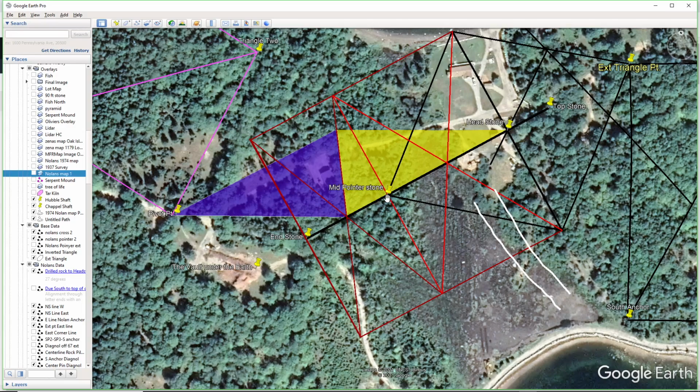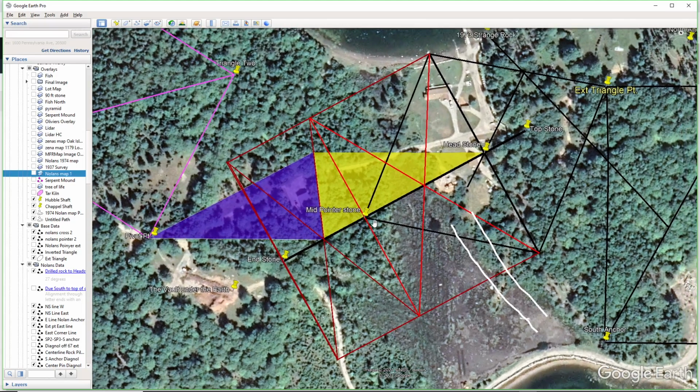Everybody wonders, why is this rock here? It's not part of a cross. Well, this midstone pointer is here for two reasons. I think the primary reason is because this distance is the same distance from the headstone to here, from the headstone to the extension triangle. And this extension triangle is part of the geometric progression.